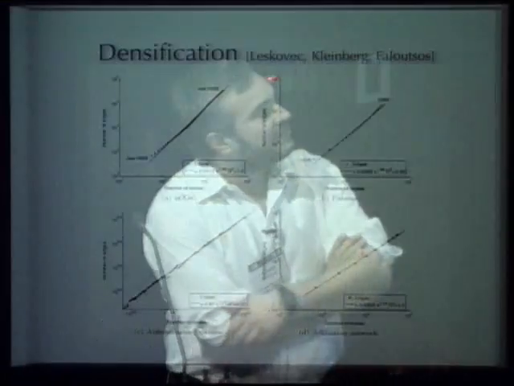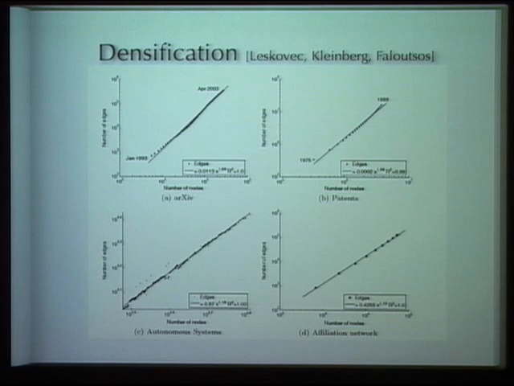So there's not just mathematical complexity that is a problem with these growth models. It turns out that even some of the assumptions that we have been making, that basically the average degree in these networks is independent of time, might not hold. So here's a paper by Leskovec, Kleinberg, and Faloutsos. What they did is they looked at four quite important networks.